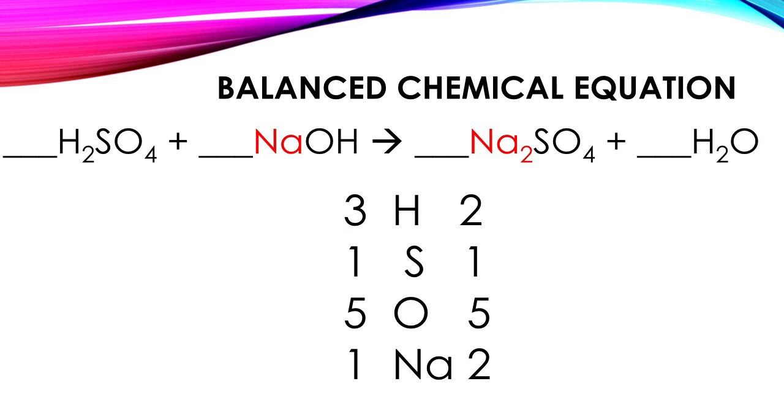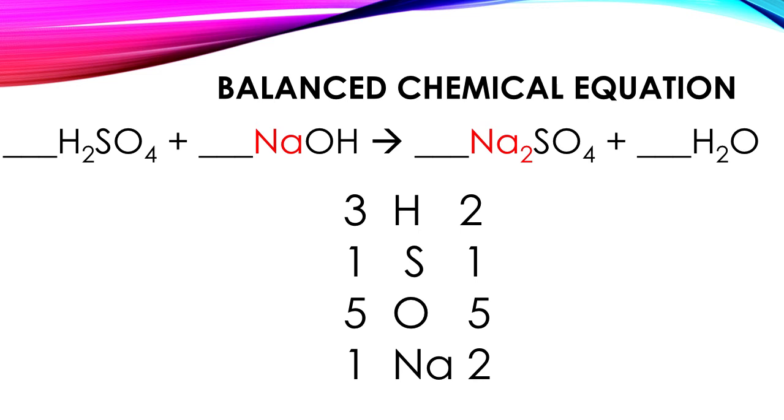And finally, the last element that we're going to put on our scoreboard is our sodium atoms, and we have 1 sodium for our reactants and 2 sodium atoms for our products. Now, for this chemical reaction to be properly balanced, every single number on the left for each element needs to be the same on the right.